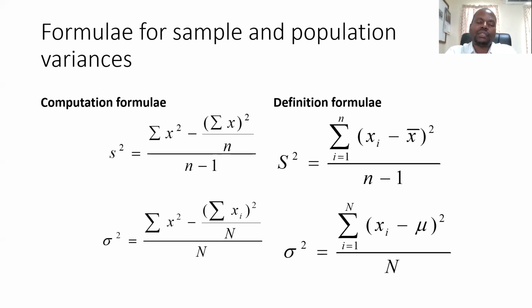That does not come out well when you are reporting, and because we want to report in the same units as the observations themselves, the variance is rarely reported, but the standard deviation. So the standard deviation is the one that is reported instead of the variance.